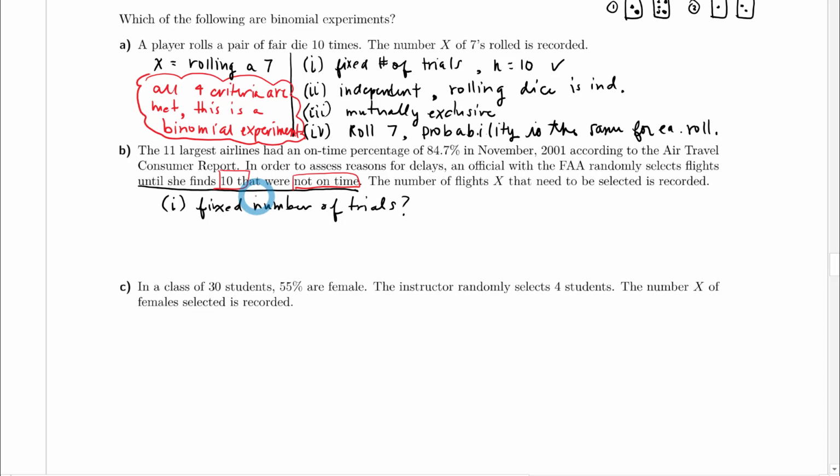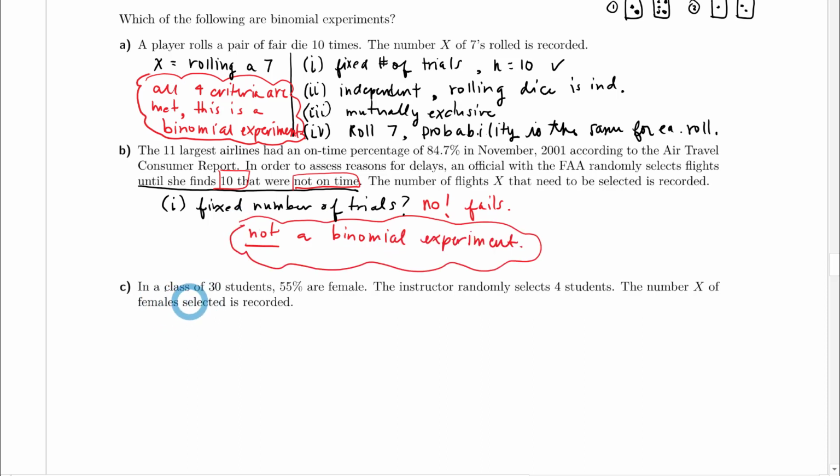And so I would say, okay, well, then that's not a fixed number of trials. So a fixed number of trials says, no, I'm going to look at 30 flights and see which ones weren't on time. That would be fixed. But saying like, oh, I'm just going to grab flights until I get 10, that's not fixed. And therefore, no, it fails the first criteria, and therefore this is not a binomial experiment.